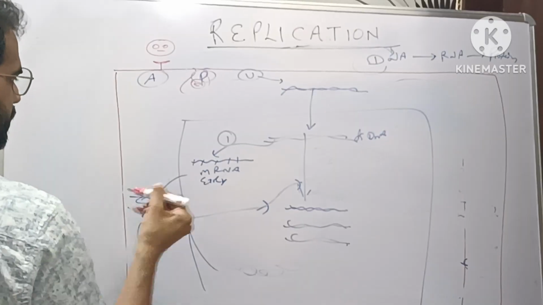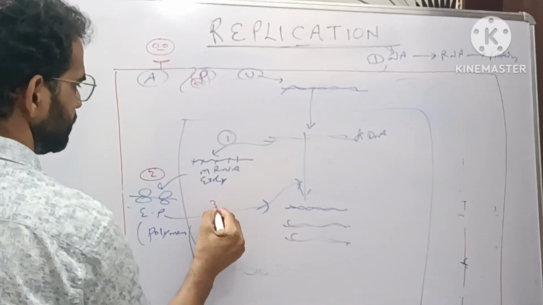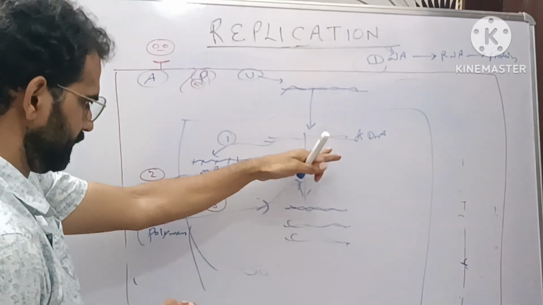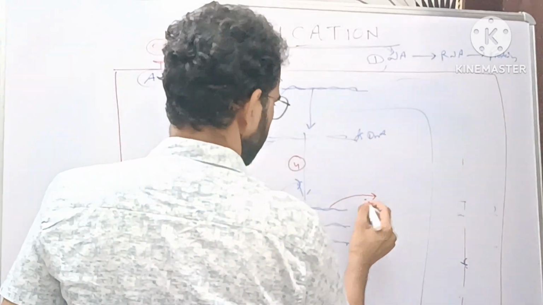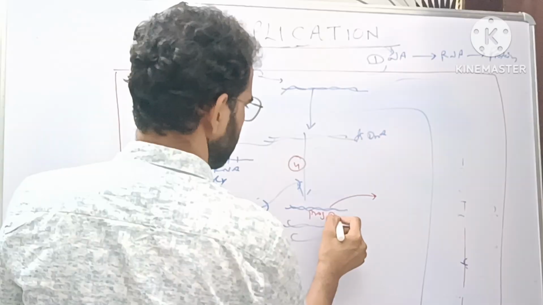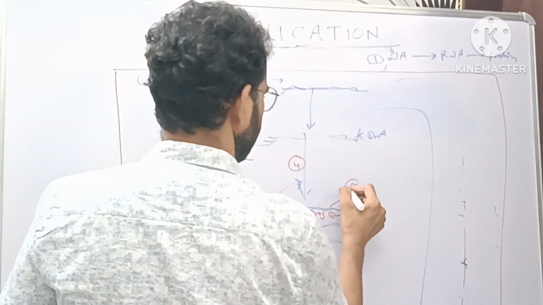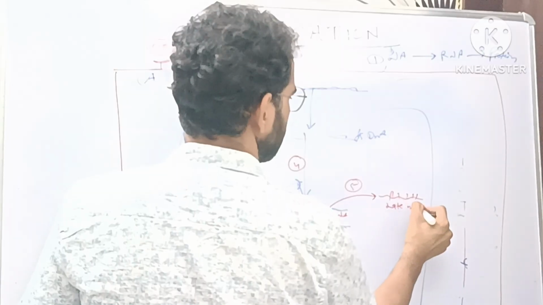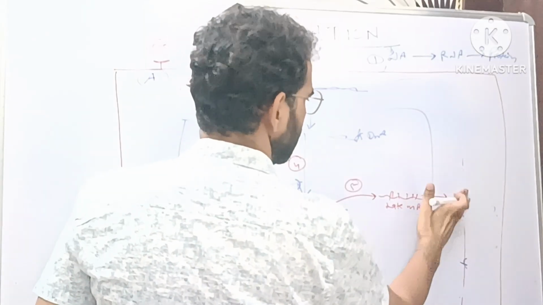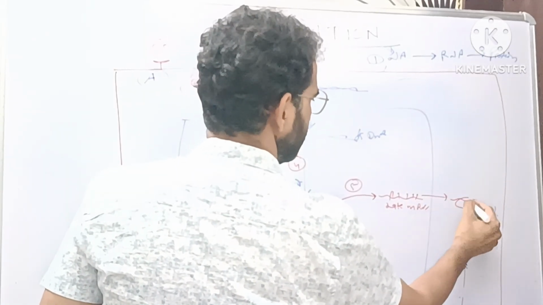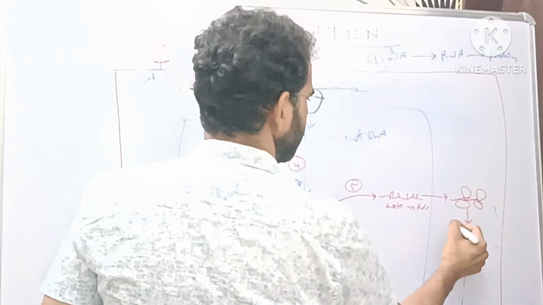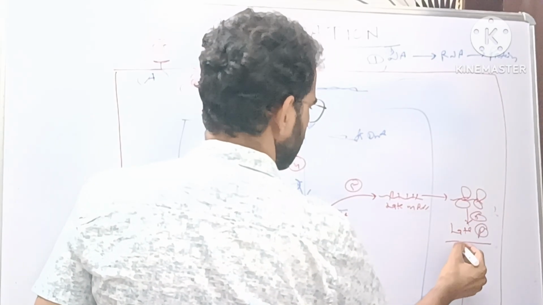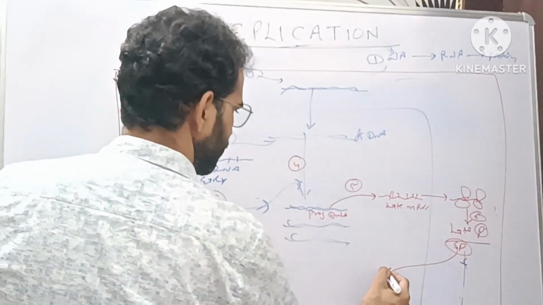So step 2, protein synthesis. Step 3, it enters. Step 4, DNA synthesis, replication from the progeny DNA. Number 5 is the late mRNA, which comes out and forms late proteins, number 6, which are nothing but the structural proteins.